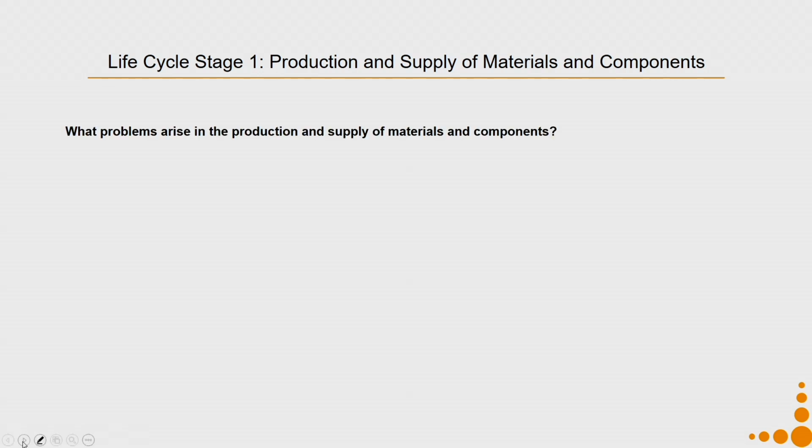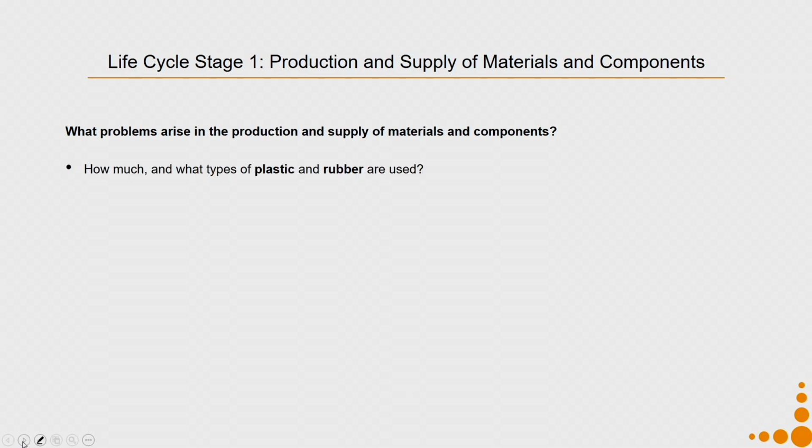First, we have to try to identify what problems arise in the production and supply of materials and components. How can we study this? How much and what type of plastics and rubbers are used? You can also use this questionnaire to find out all the materials and processes that are being used.